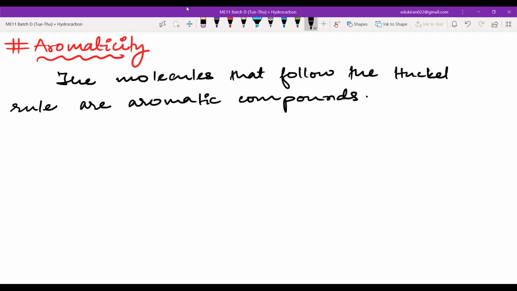Now the Huckel rule, there are a few points that you have to remember.